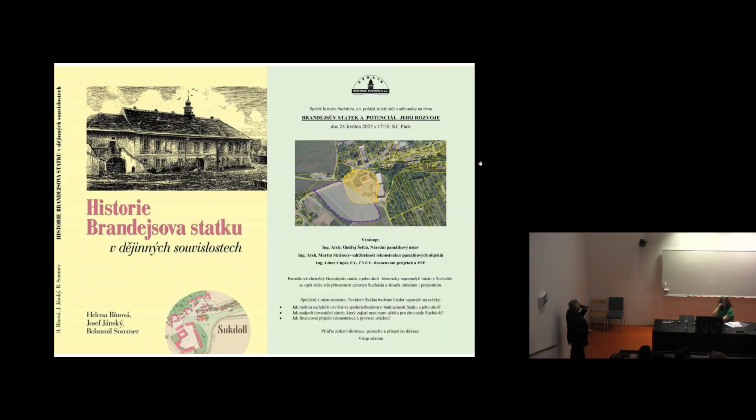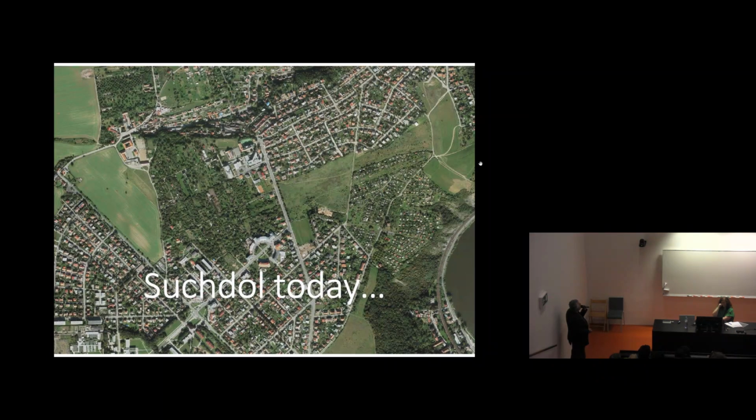natural center of the city, of the former village, Suchdol, which in fact is divided into three parts. One is the old Suchdol, the natural born village. The other one is the new village dating back to between the wars.